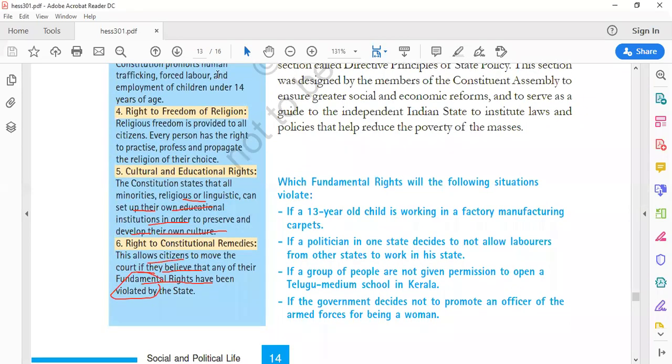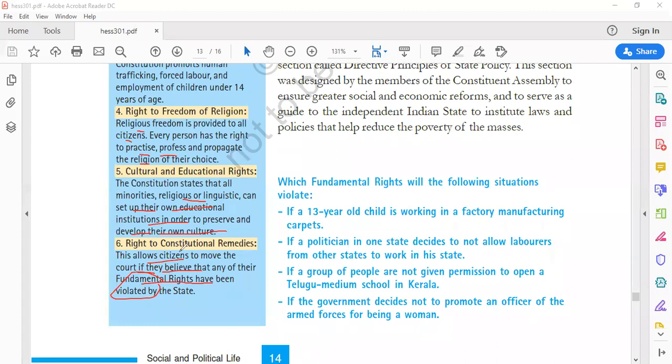Right to freedom of religion, Article 25, gives the right to religious freedom. You can practice, profess, and propagate the religion of your choice, but you cannot forcefully convert anyone. Next, right to constitutional remedies.